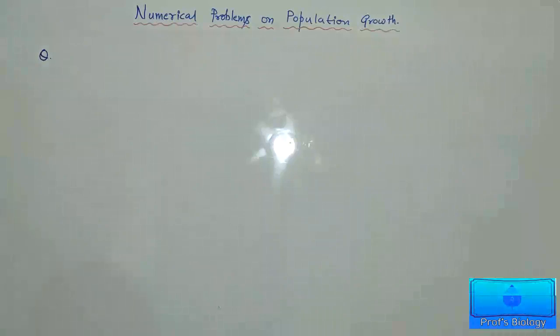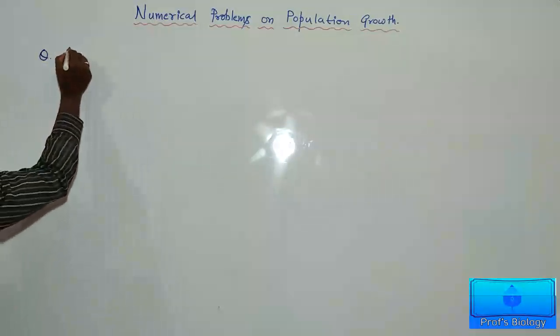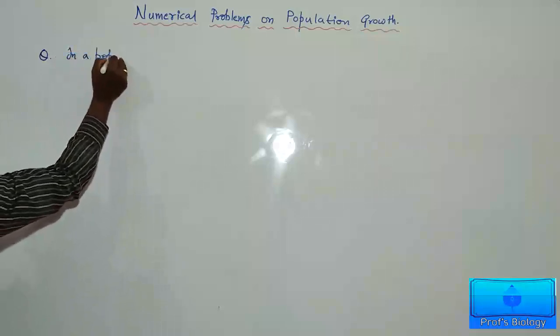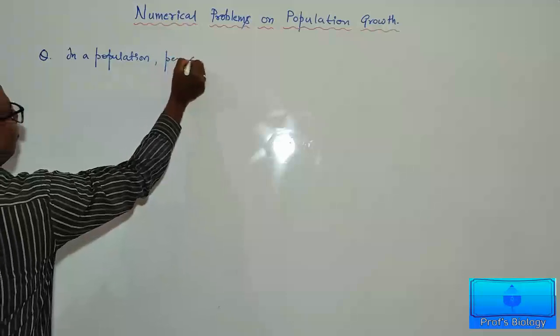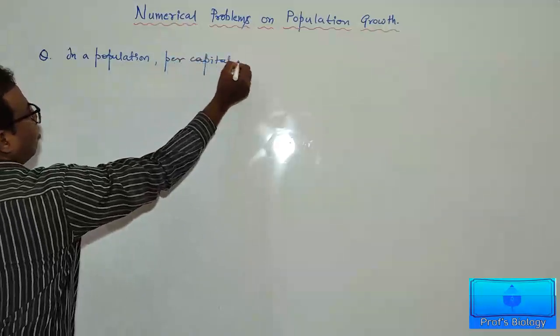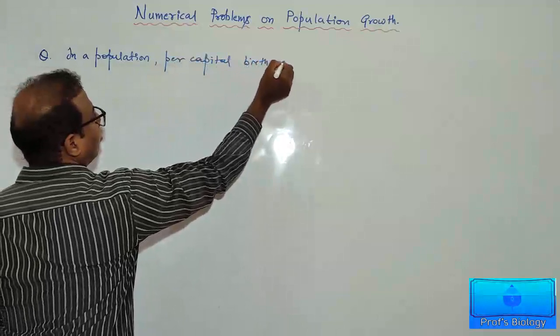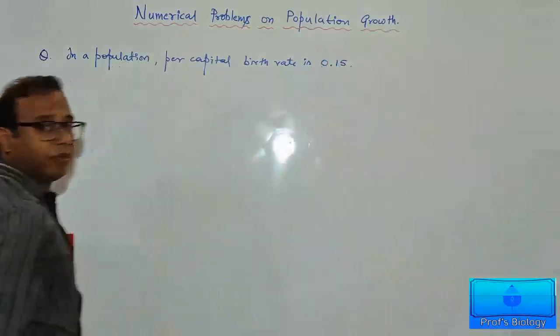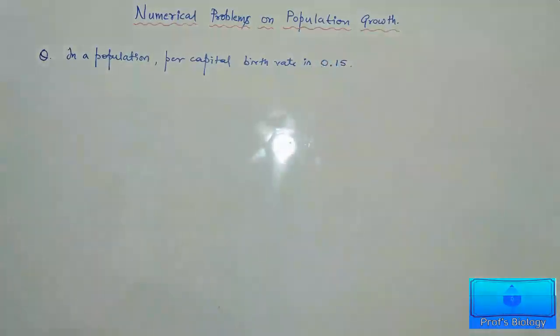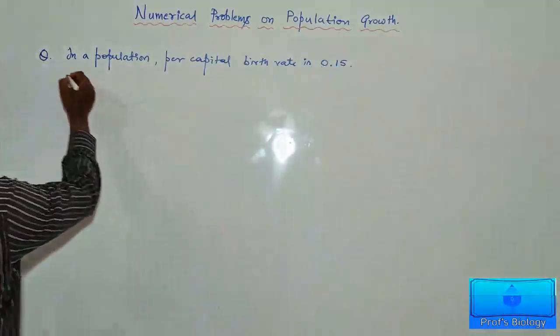The next problem is how to find out R value when B and D are given. The problem is like this. In a population, per capita birth rate is 0.15, and per capita death rate is 0.08.